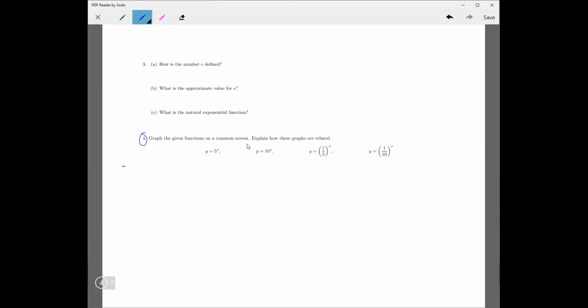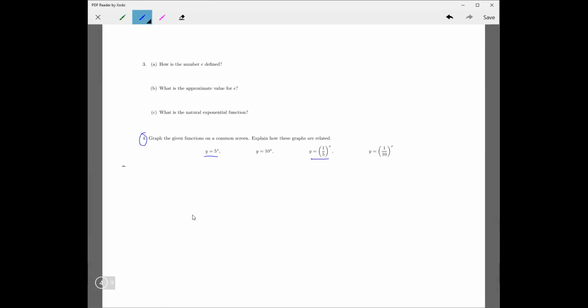So here we have these 4 graphs. And it turns out that this one and this one are reflections of each other through the y-axis. Okay, and we'll go ahead and graph these.